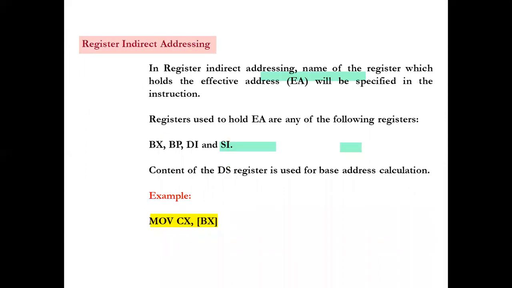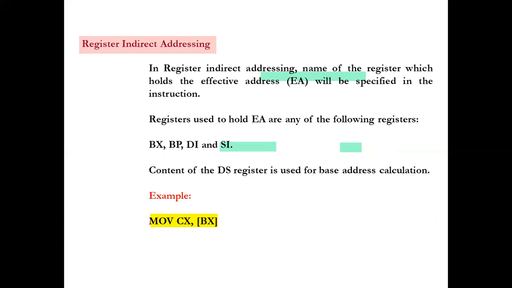Next one is register indirect addressing. In register indirect addressing, the register which holds the effective address is specified in the instruction. That means this addressing mode allows data to be addressed at a memory location through an offset address held in one of the registers BP, BX, DI.